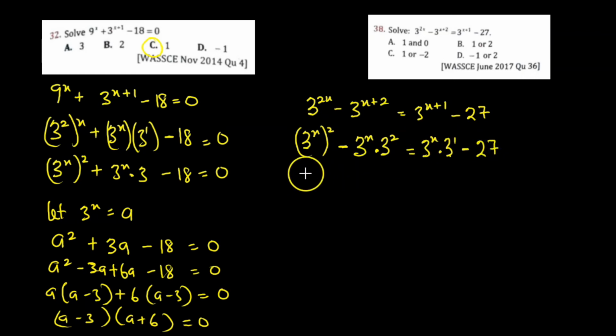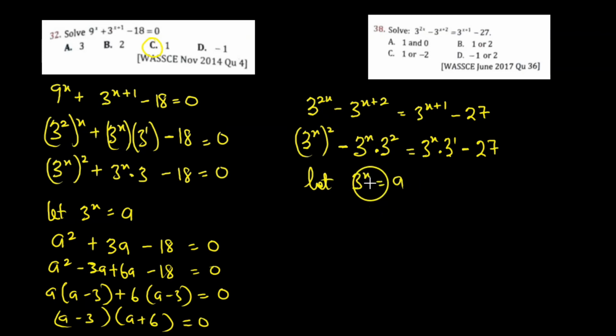Wherever we see 3 to the power x, we can let 3 to the power x equal to a different variable altogether, so that it doesn't contradict the x over there. It can be b, it can be y, it can be z, but I prefer using a.